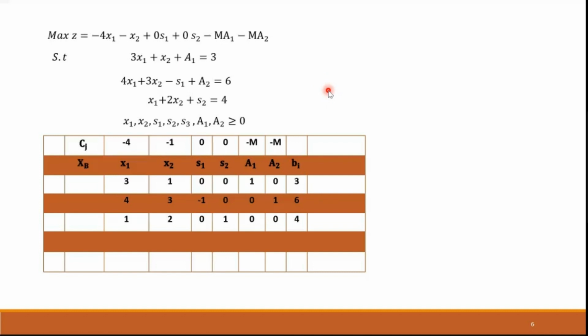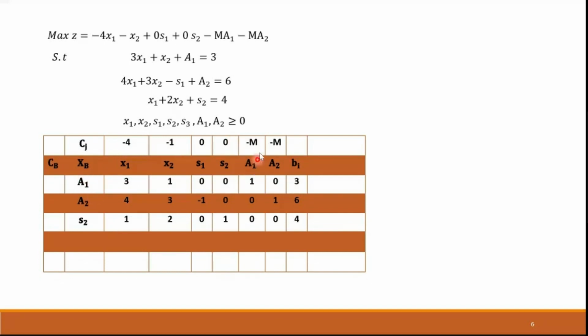So tell me which variables will be there in the xB column now. 1 0 0 से start करें. देखो 1 0 0 कौन से variable के अंदर है? 1 0 0 corresponds to A1, then 0 1 0, A2, yes, and 0 0 1 is corresponding to S2. A1, A2, and S2, yes. Correct.